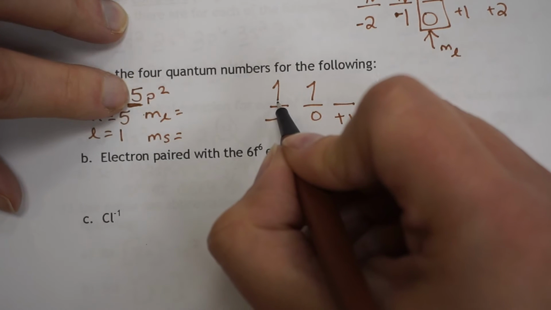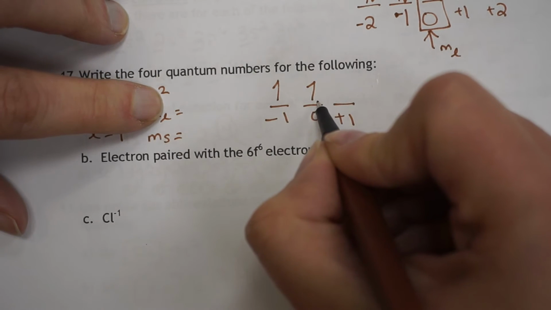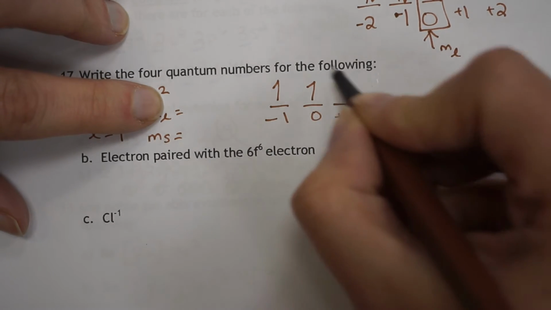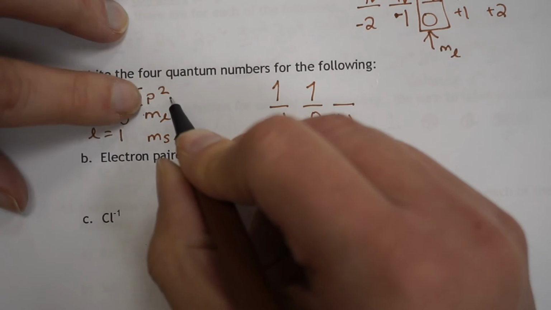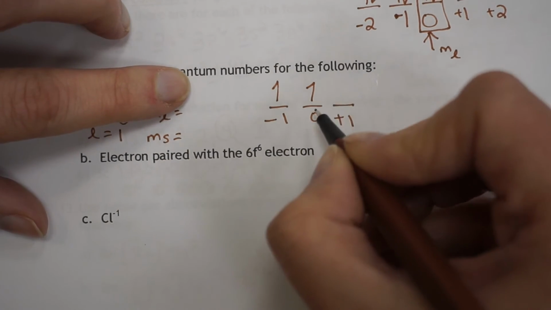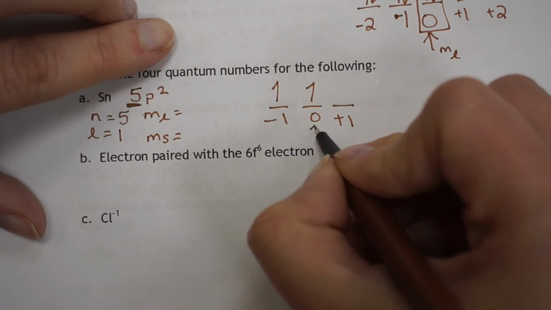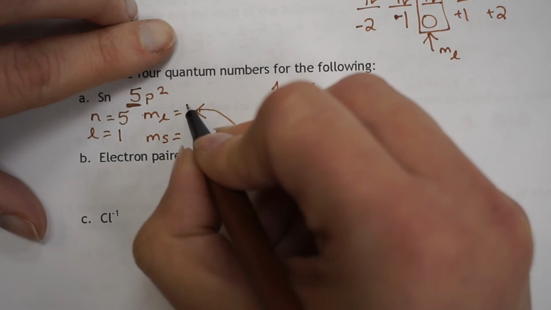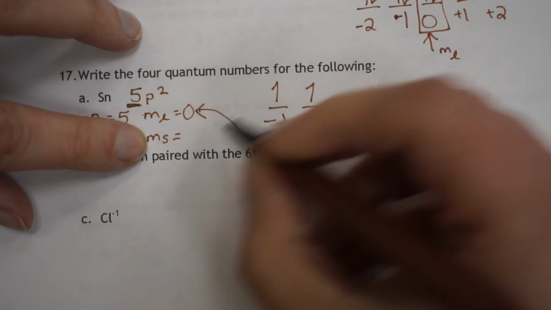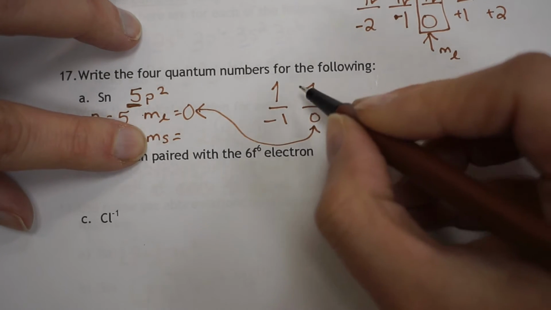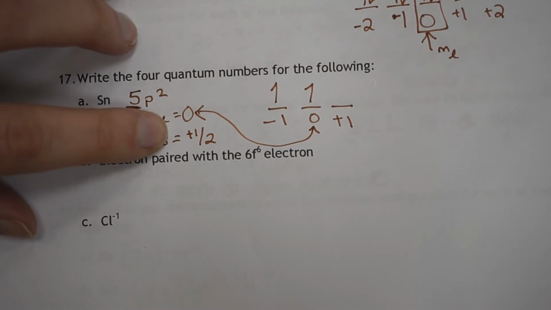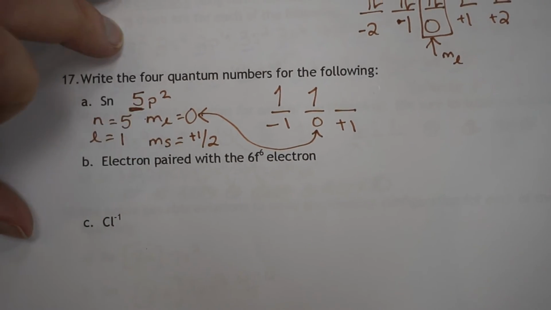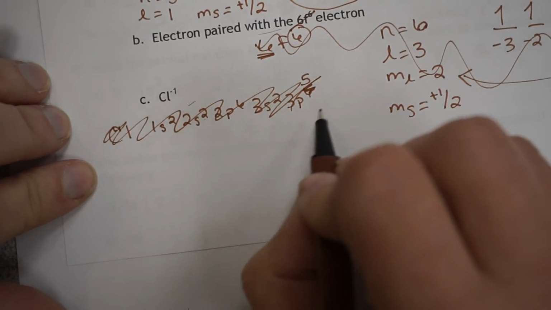So this is 5p1. This is 5p2. If there was 5p3, it'd be here. 5p4 would be the one facing down. 5p5 would be this one, and 5p6. We're looking for 5p2. That is here in the 0 orientation. So that's going to be 0. And the spin is spinning upwards, so it's going to be plus 1/2. It could only be plus or minus 1/2, so that's 50-50. So I just kind of messed up.